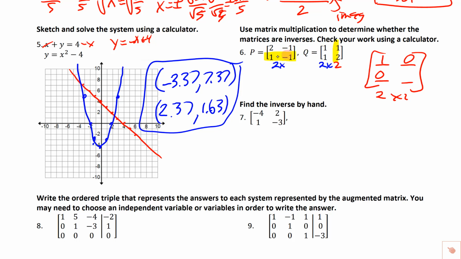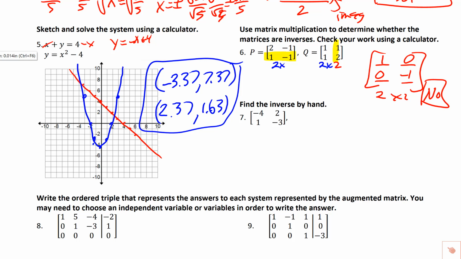So we multiply the two of these together, we get a 1. Multiply the two of these together, and we end up with a negative 2. So this is going to be a negative 1. So the answer on this one is no, they're not. Okay? So this would have to be a positive 1 in order for that to work out. So the answer on that one is no.